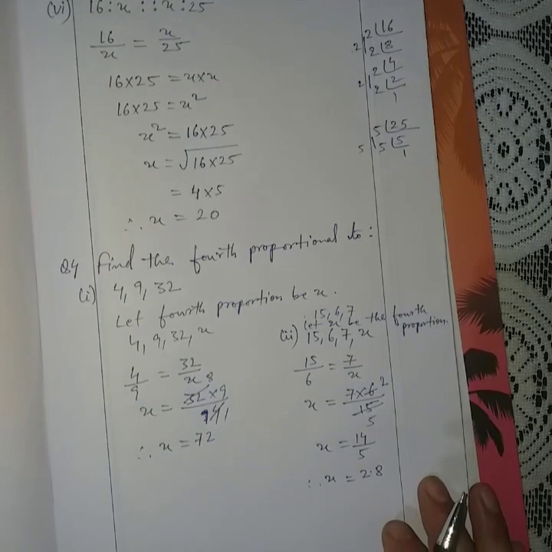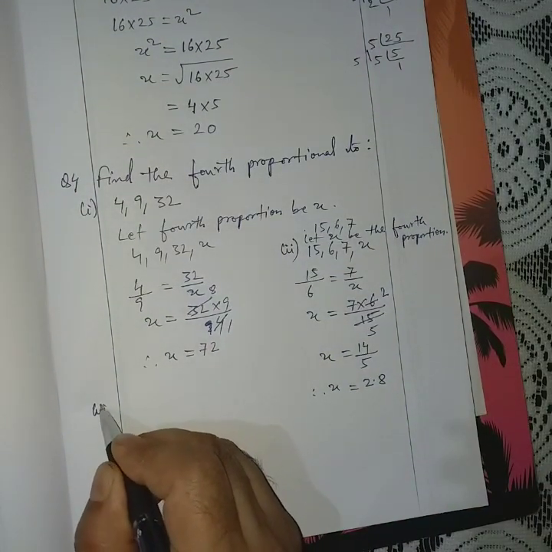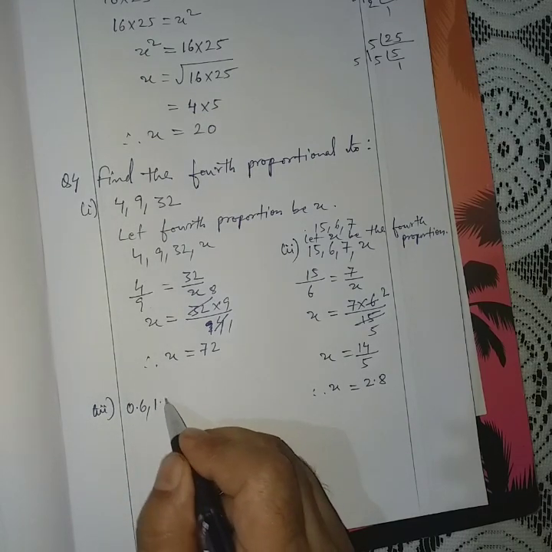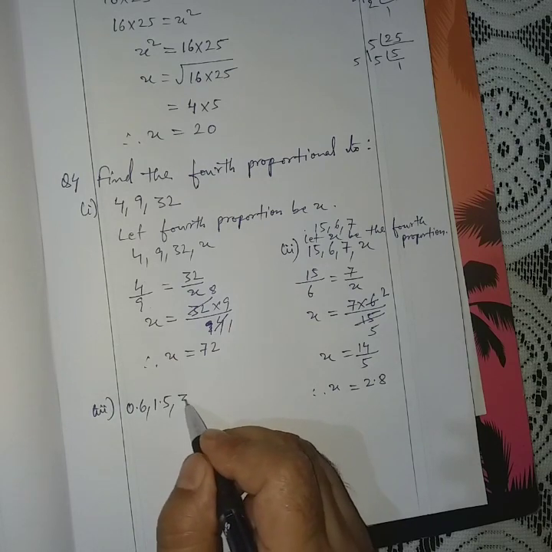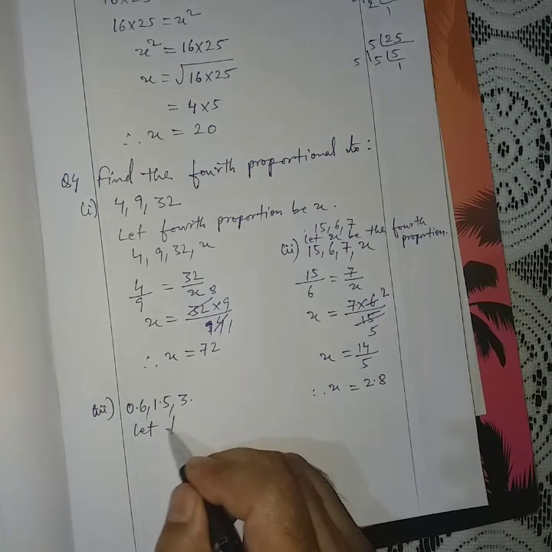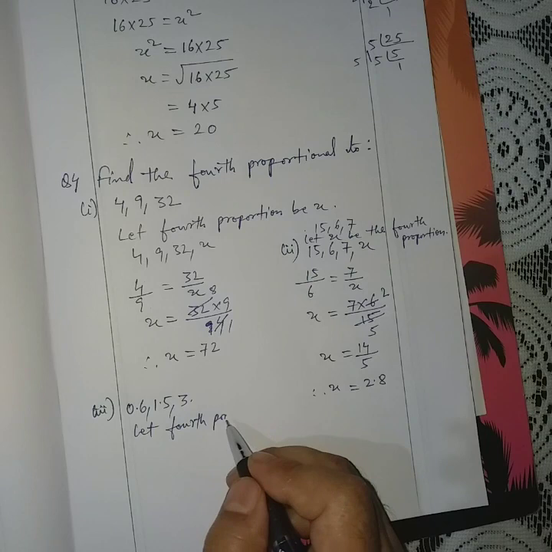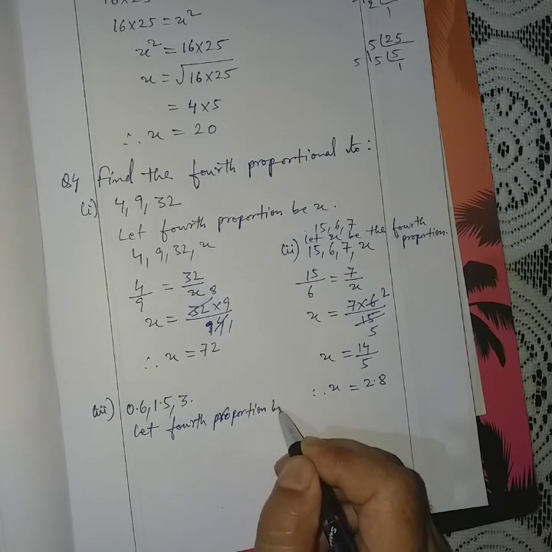Question number 3 we can do here. The question is 0.6, 1.5, 3. We have to find the fourth proportional. Let the fourth proportional be x.